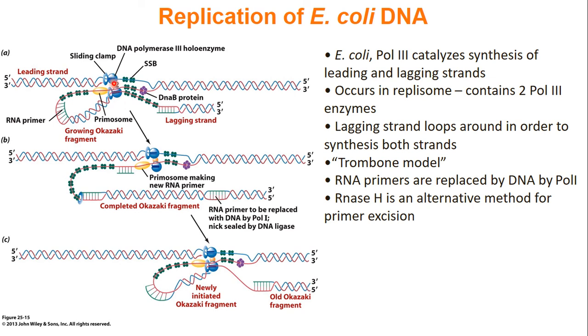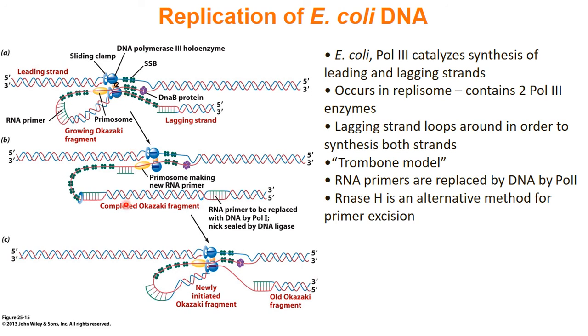So to help with that restraint, the DNA itself is actually bent over to look like a trombone. It's called the trombone model. So the poly 3 will synthesize DNA on the leading strand. From our RNA primers, we're going to synthesize DNA, and that's where our Okazaki fragments are.